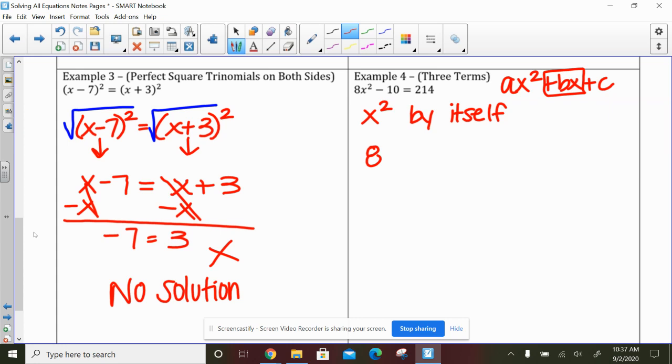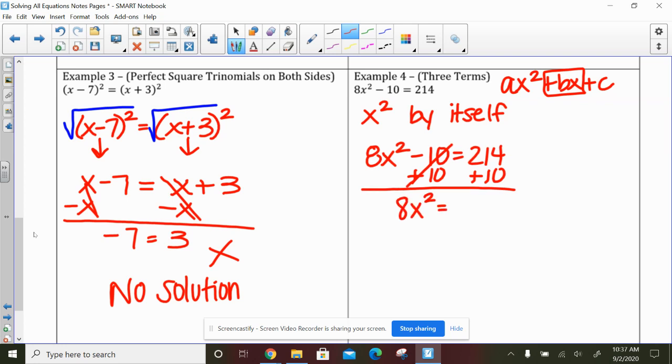So first off, to start and get x squared by itself, I can add 10 to both sides, and that'll go away. That gives me 8x squared equals 224. Then I'm going to divide both sides by 8. So divide by 8, divide by 8. x squared will equal 28.